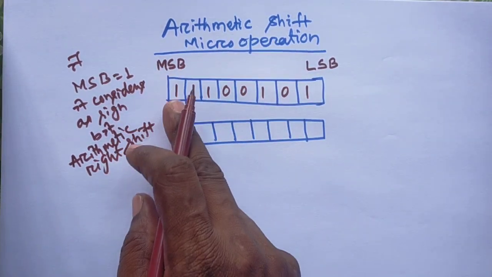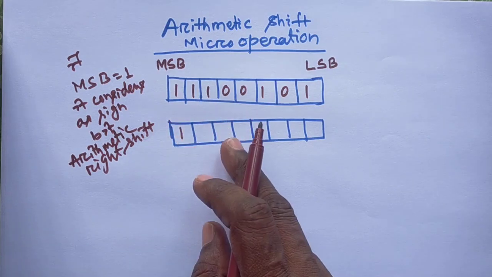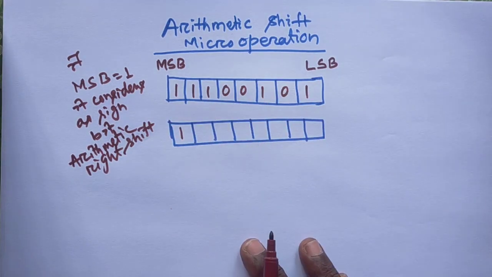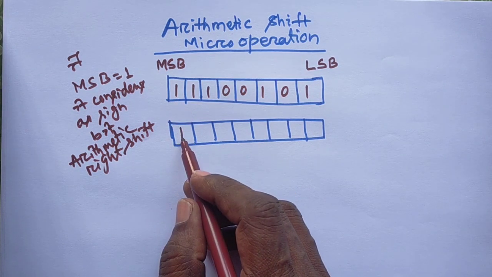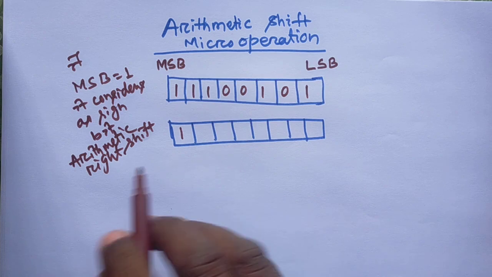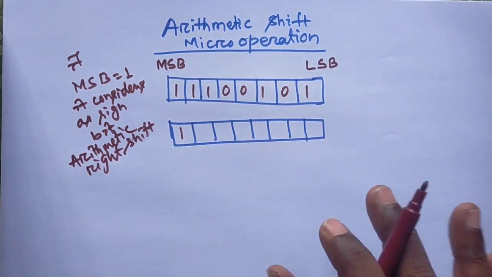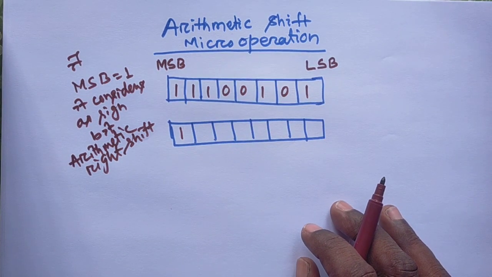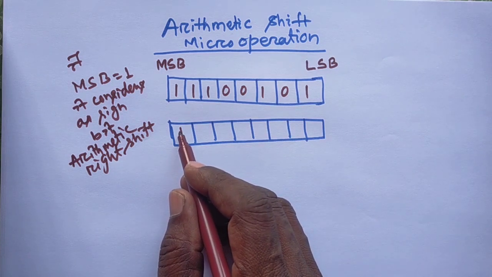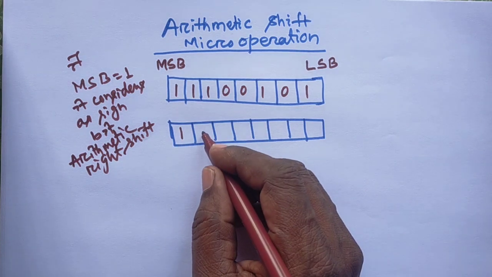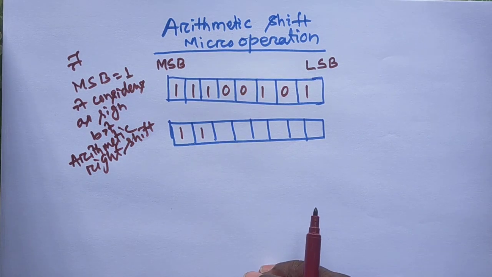We keep this 1 here, so the remaining part is negative, meaning the total number will be negative. Then again, since it is 1, this 1 is copied to the next position.